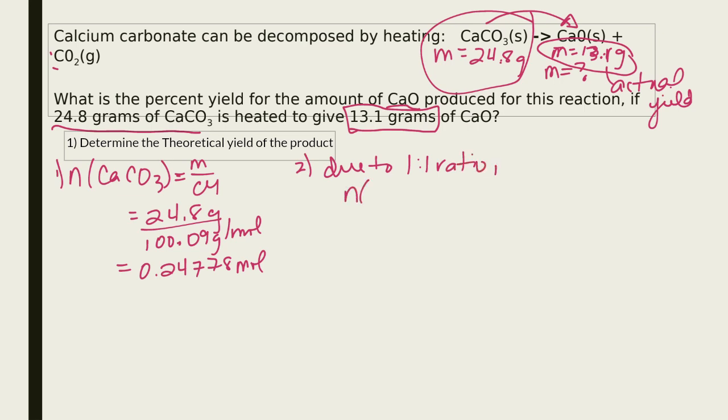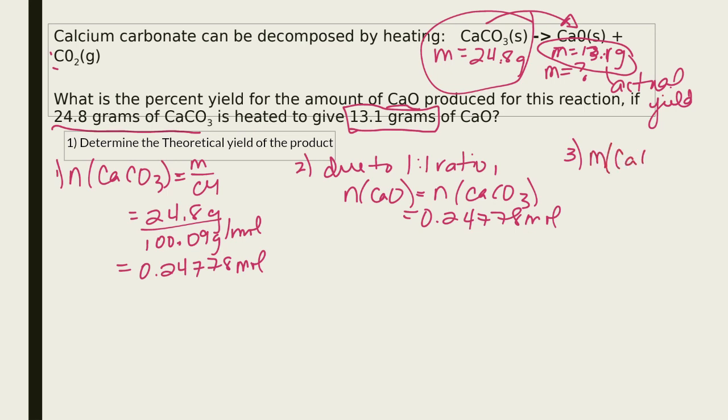the moles of calcium oxide will equal the moles of calcium carbonate, and then you can just sub in the mole value, which is 0.24778. We're going to convert this into a mass. So we need to know the mass of calcium oxide because I have to know the theoretical yield.